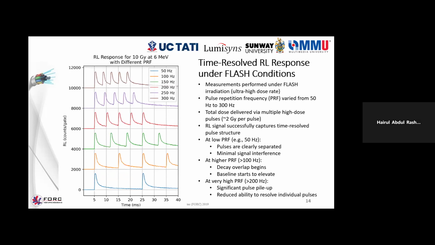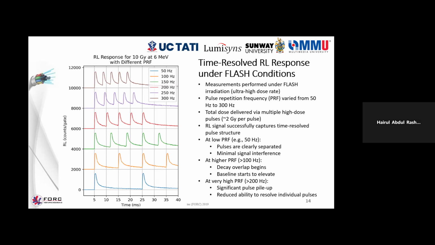Our first measurements of the germanium-doped optical fiber in FLASH conditions varied the pulse repetition frequency from 50 Hz to 300 Hz, with a fixed dose of 10 gray and energy of 6 MeV. We can observe very clear pulses at low PRF, at 50 Hz; the pulses are clearly separated.